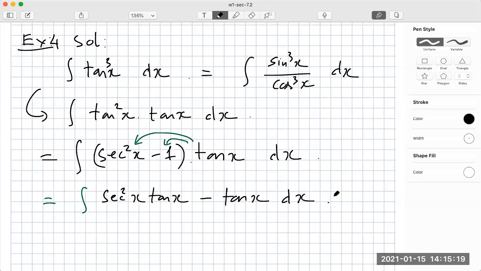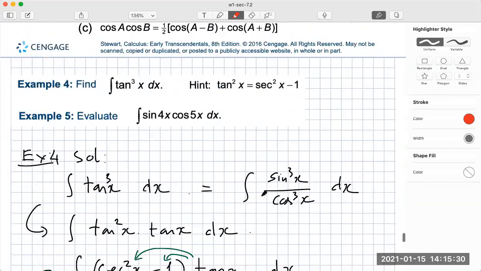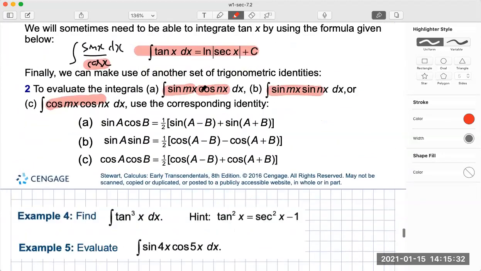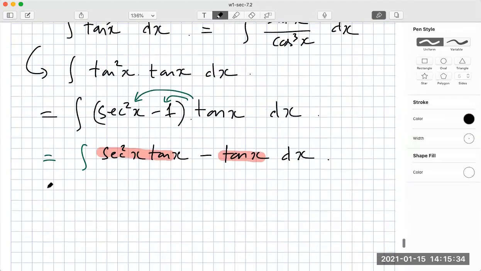The first guy looks similar to the strategy we just did. The second guy, we just did it right in front of here, right here, right? So the integral rules tell us that the integral of a difference will be the difference of the integrals here.